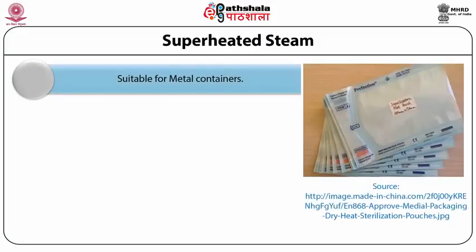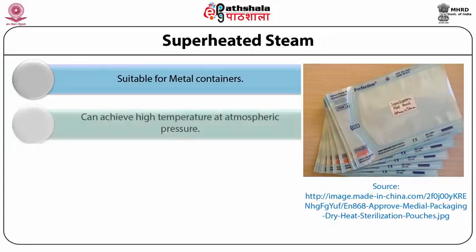Metal containers were the first used in aseptic operations and are still in use today. In this system, sterilization of the metal container and its closure is accomplished by the application of heat using superheated steam. The advantage of this system is that it can achieve high temperatures at atmospheric pressure.